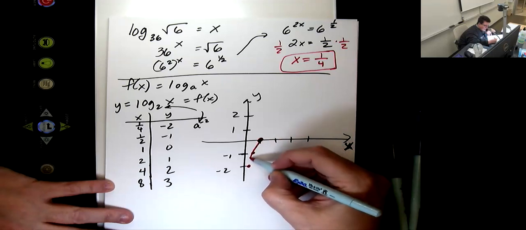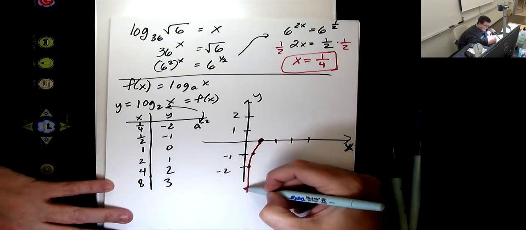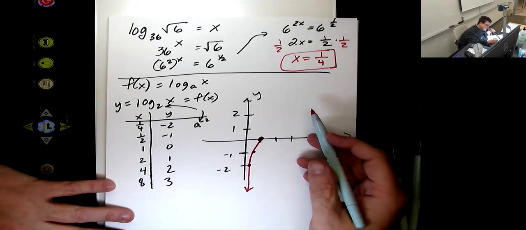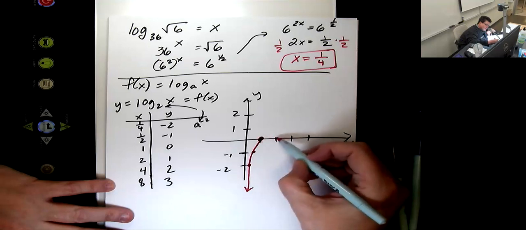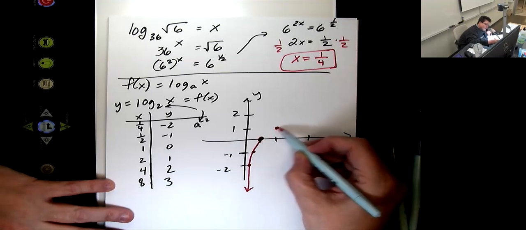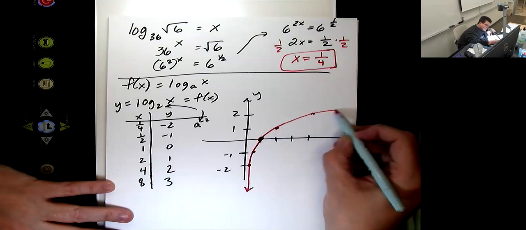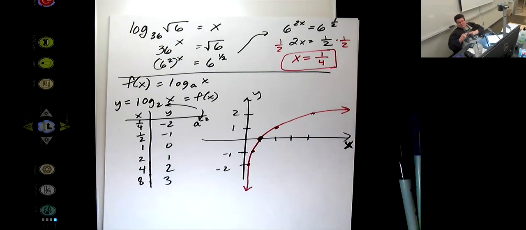This starts doing this, and we never actually get down to 0. 2, 1 is over here. 4, 2 is over here. So this curves like that, and it never flattens out, but it sure looks like it takes a long time to go up 1 as you get going up just a few x.